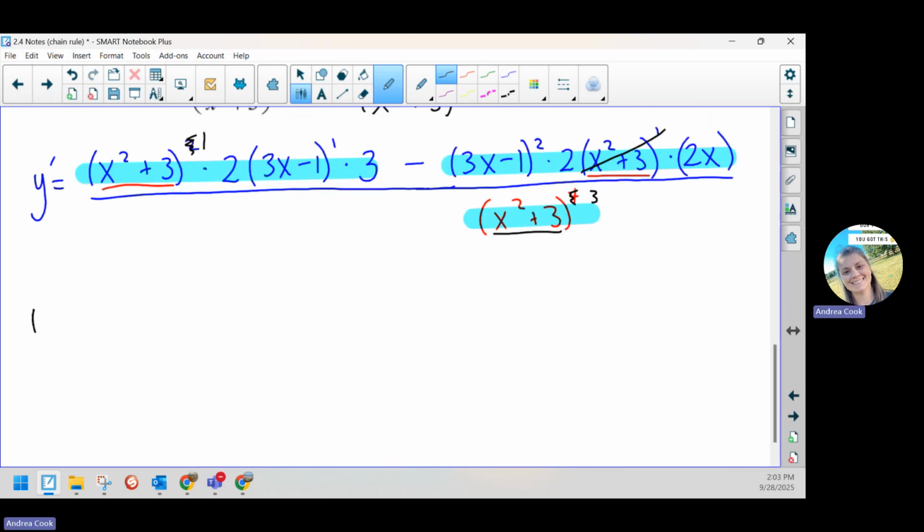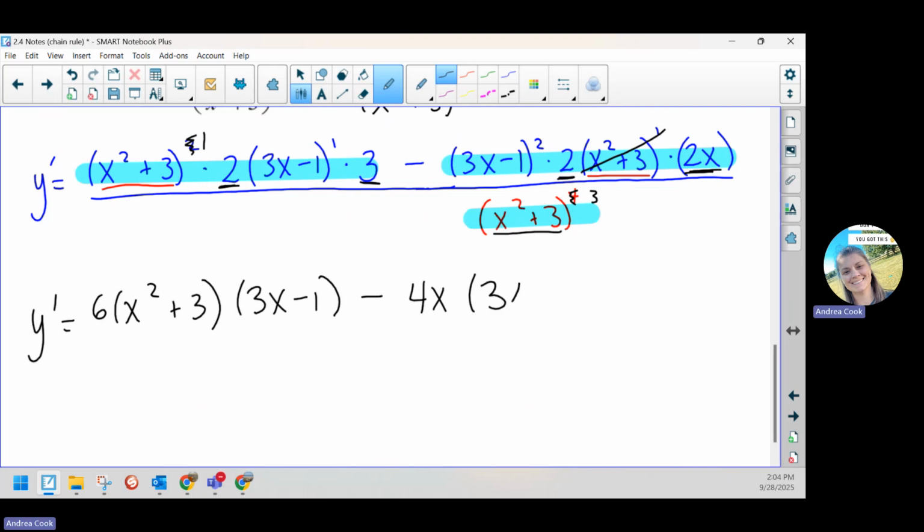So let me rewrite here what I have. So x squared plus 3. I'm going to go ahead and multiply 2 times 3 to get 6, and I'm going to put it in front. I have a 3x minus 1, minus, again, I'm going to take this 2x and 2, and I'm going to multiply those to get 4x.